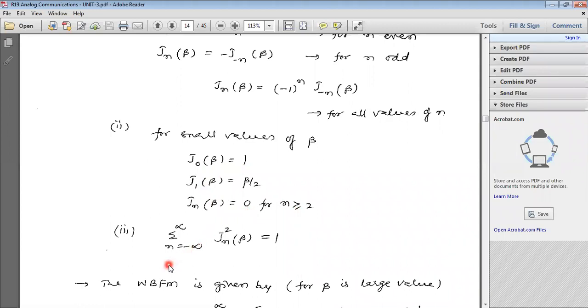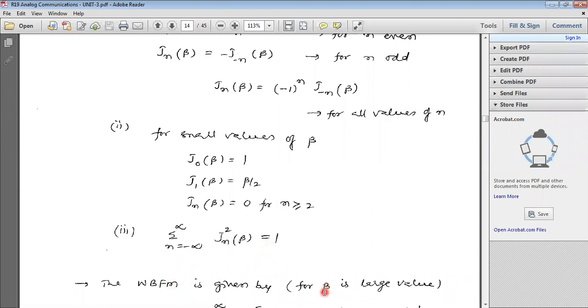And we have another property, that the sum over n from minus infinity to infinity of J_n squared(beta) equals 1. So these are the properties of the Bessel function. Already you know wideband frequency modulation has a very high beta value.